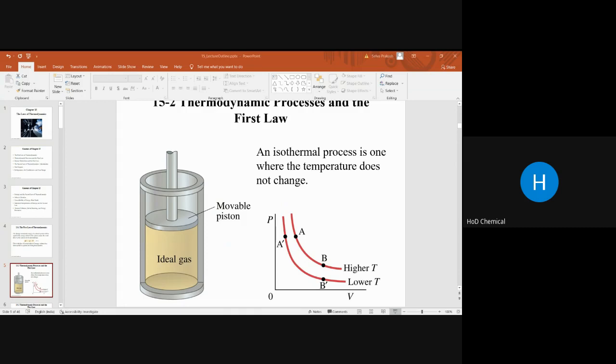An adiabatic process neither allows heat transfer into nor out of the system. Simply, now you have the idea about the adiabatic system and the isothermal system. The adiabatic system does not allow heat transfer in and out, but constant temperature means the isothermal process.